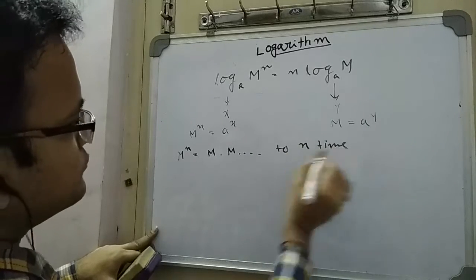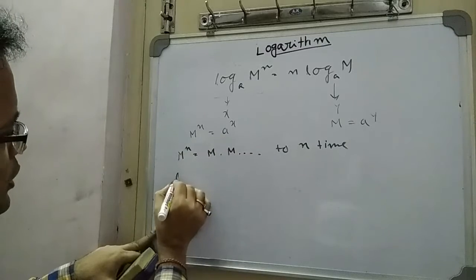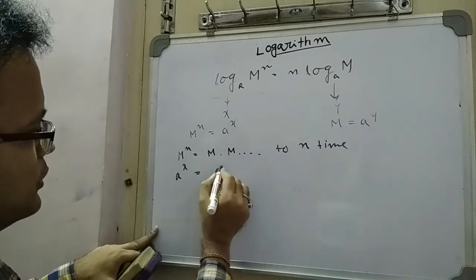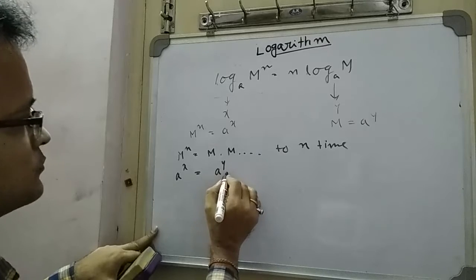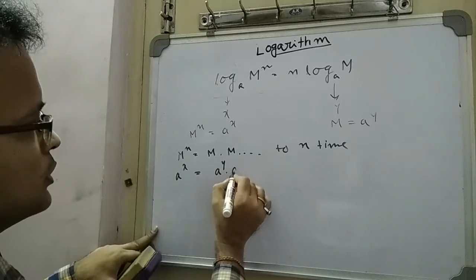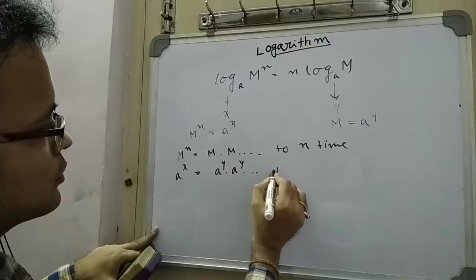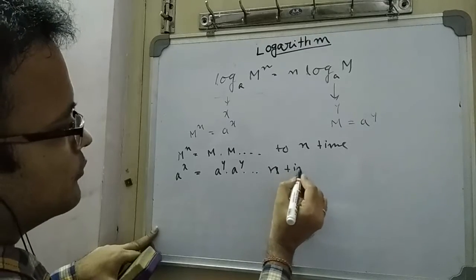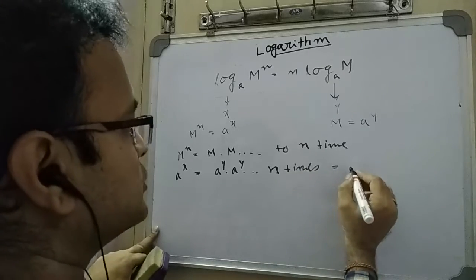That means m to the power n equals a to the power x, and m means a to the power y, so a to the power y multiplied n times.